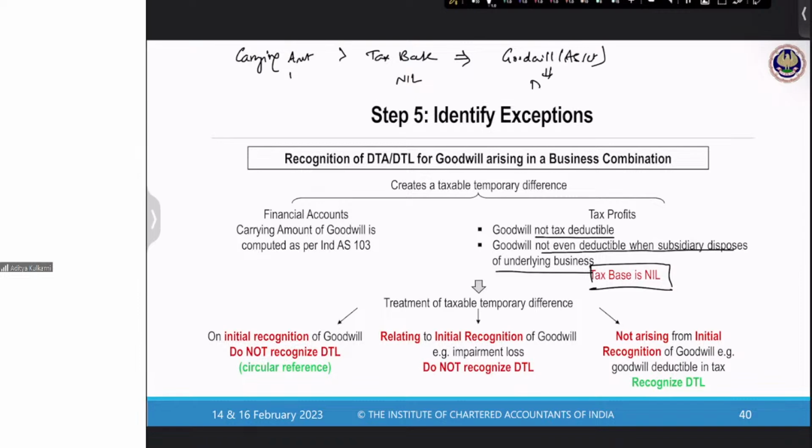Ideally, we should have created a deferred tax liability. But what the standard says is do not create a deferred tax liability. Do not recognize DTL. Why am I not going to recognize the DTL?